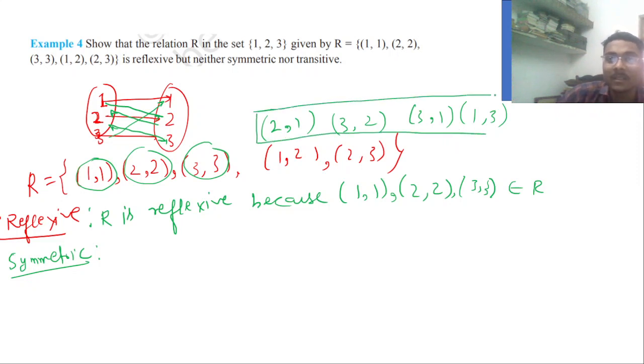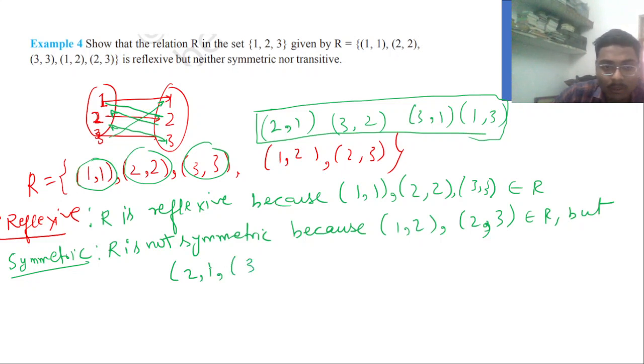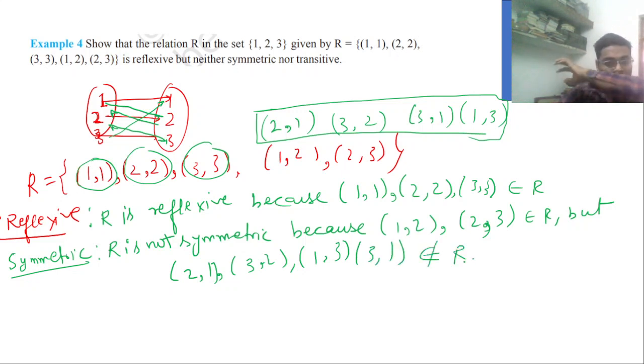That's why this R is not symmetric. Okay, R is not symmetric because (1,2), (2,3) belongs to R, but (2,1), (3,2), (1,3), (3,1) do not belong to R. Only then can we say that the pair is getting covered.